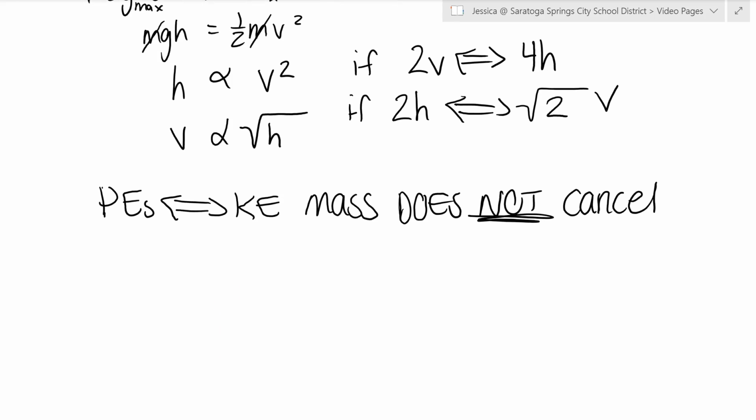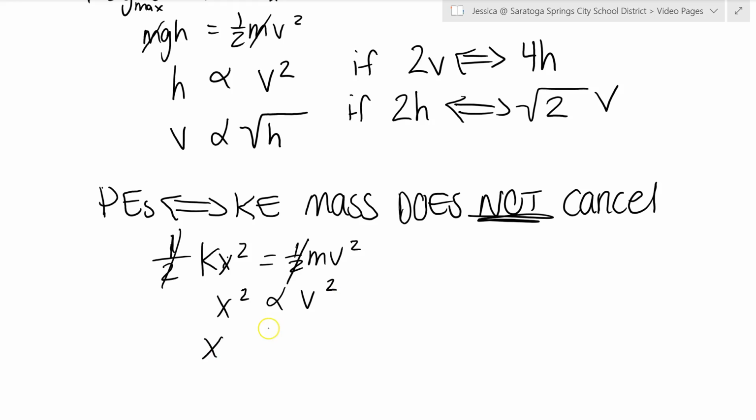Okay, so we have a 1/2 kx squared converting to a 1/2 mv squared. The 1/2s at least cancel. Okay, and here x squared is proportional to v squared, which actually means that x and v are directly proportional.